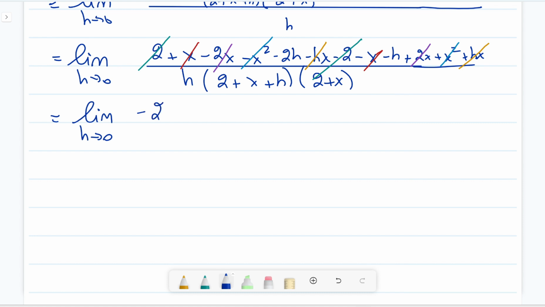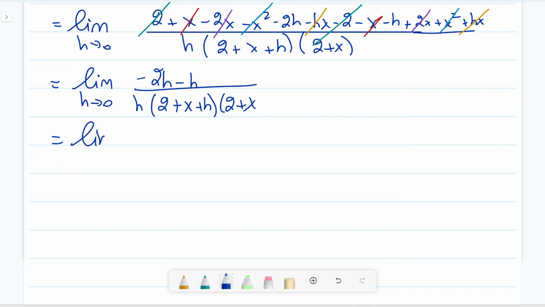So let's see what we are left with. The limit of negative 2h minus h divided by h times 2 plus x plus h times 2 plus x as h approaches 0. We can even simplify the numerator. Negative 2h minus h is negative 3h.